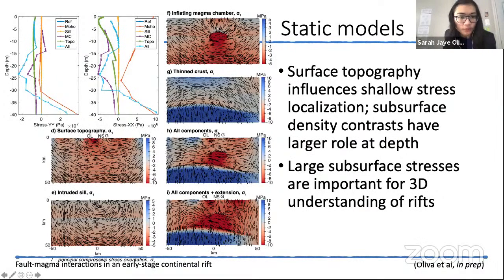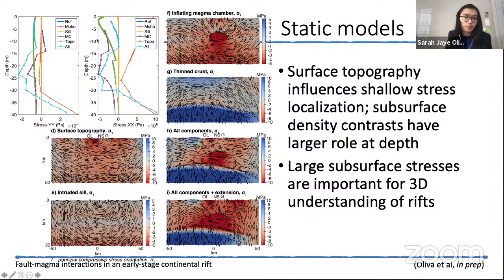We modeled an inflated magma chamber, again with location and size based on tomographic inversion. Then we modeled the thin crust, with the geometry and location of the Moho based on receiver functions. Then we put all four components together, and on the last image, we add extension to all the components.